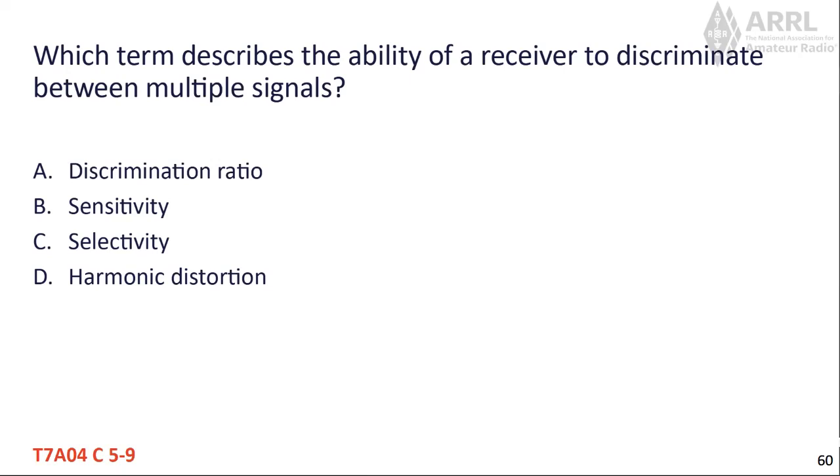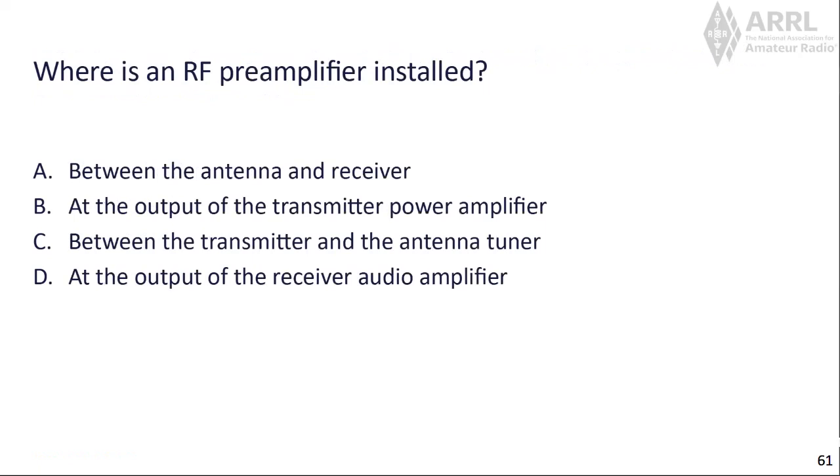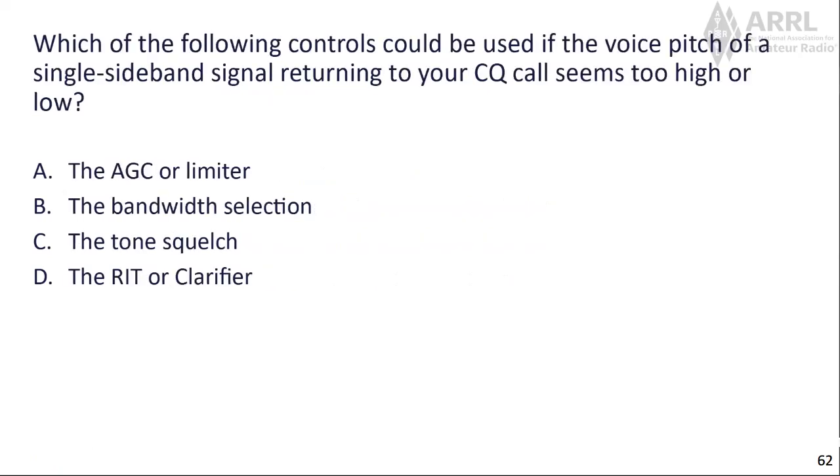And that one is selectivity. Where is an RF preamplifier installed? Between the antenna and the receiver. I think that's one you had to figure out for yourself.